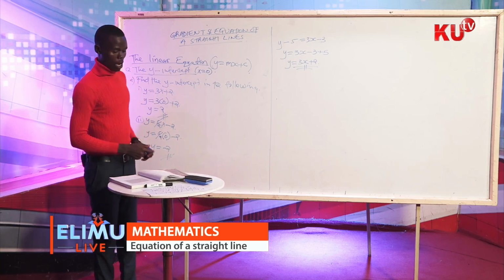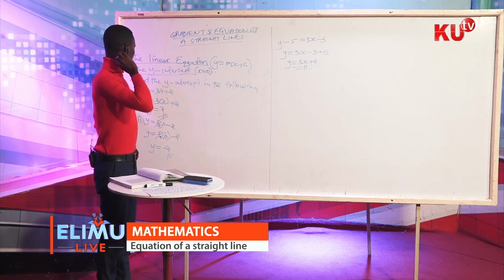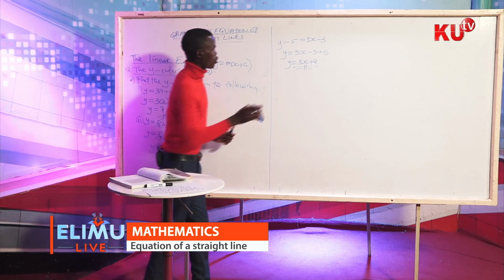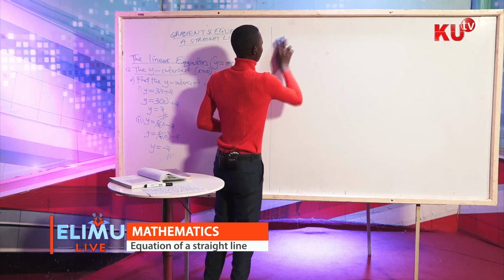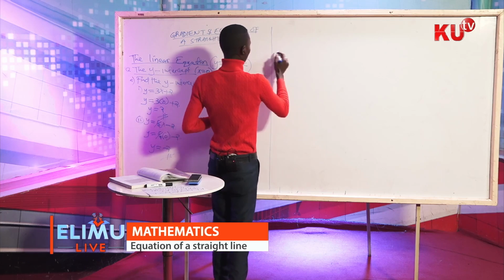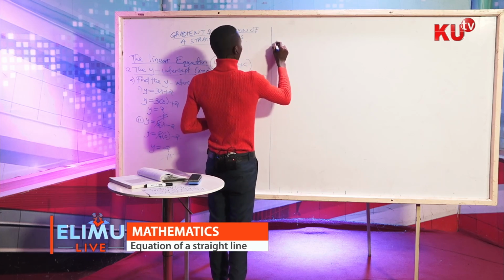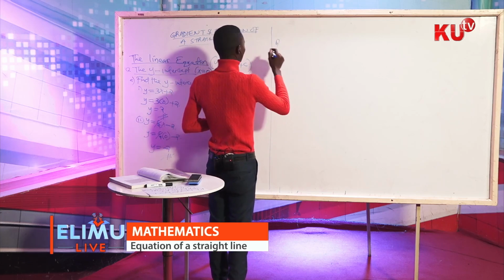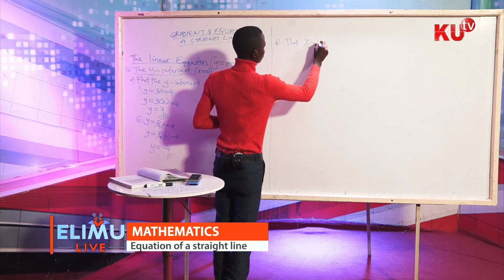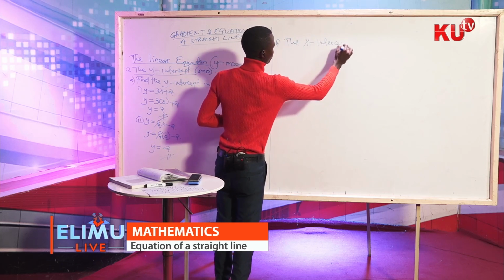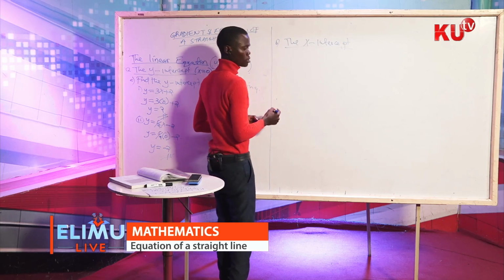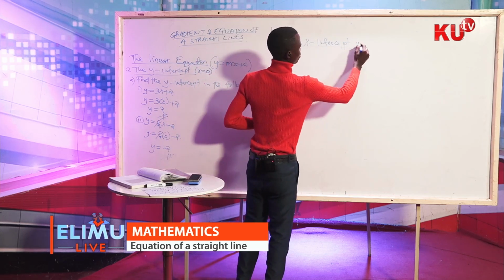And finally, I want to talk about the x-intercept. Then we call it a day, or we call it a lesson. X-intercept simply means y is 0.